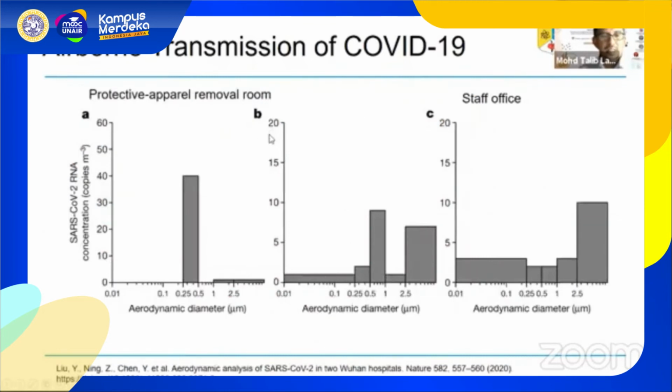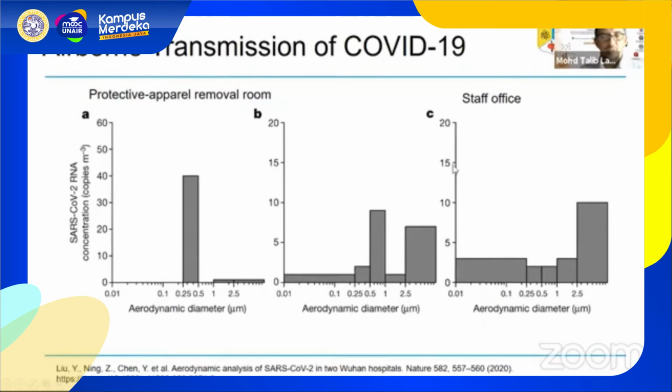This is a study by, I think, our friends from Hong Kong and China. I think it was the first one published in Nature, showing that COVID-19 was found in areas in a hospital: in the protective apparel removal rooms, two of them, and in a staff office.